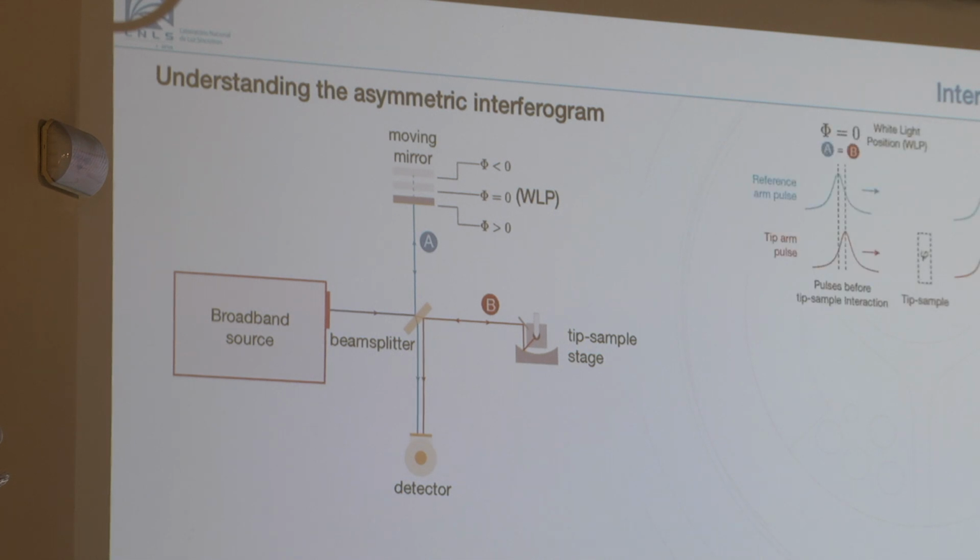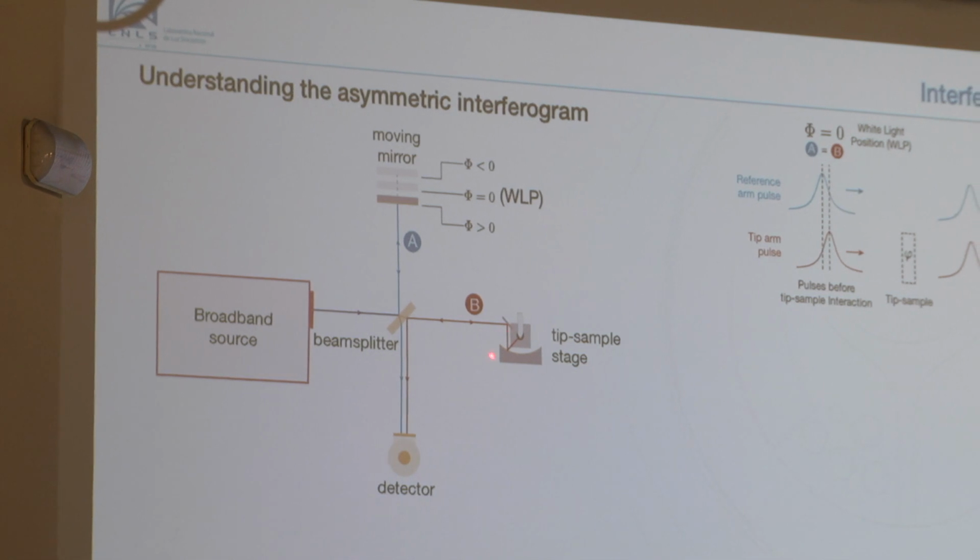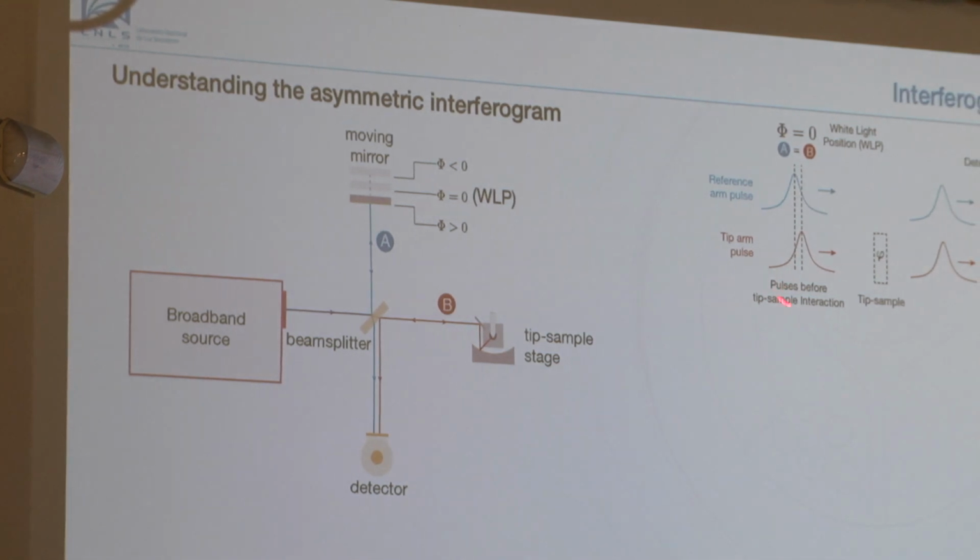So in this first situation, if we think about different pulses that travel in these two arms, in the reference arm I have this reference pulse, and in the near field arm, or tip sample arm, we have this tip sample pulse.